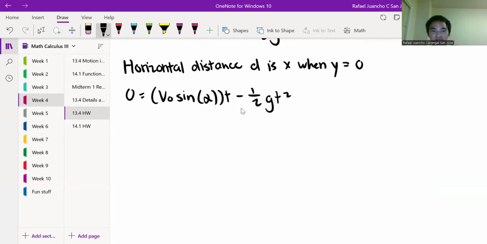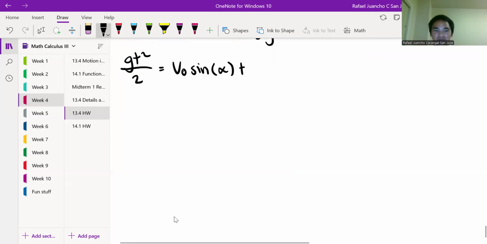I can factor out my t here. How did I do this? Oh, I know. I probably just switched it up. So I made 1/2 gt squared. Okay, let me solve it my way. Like this, I get v naught sine alpha times t. I can divide both sides by t, so there we go.